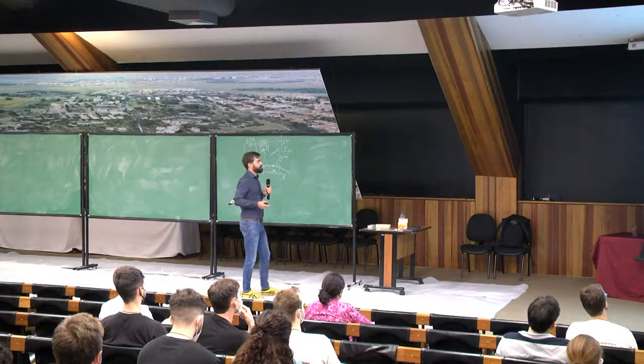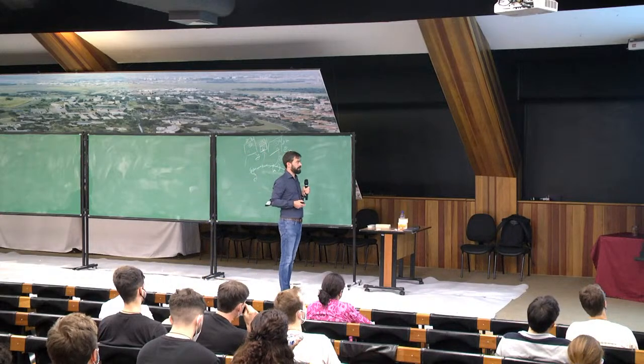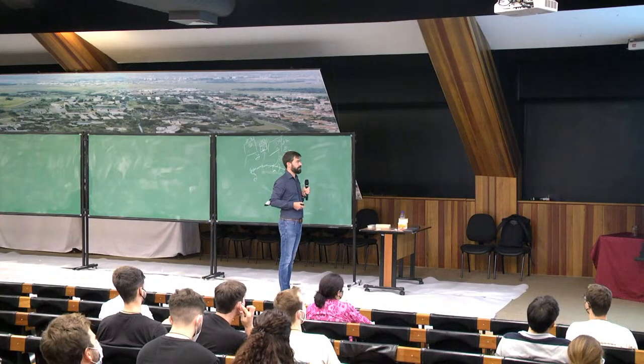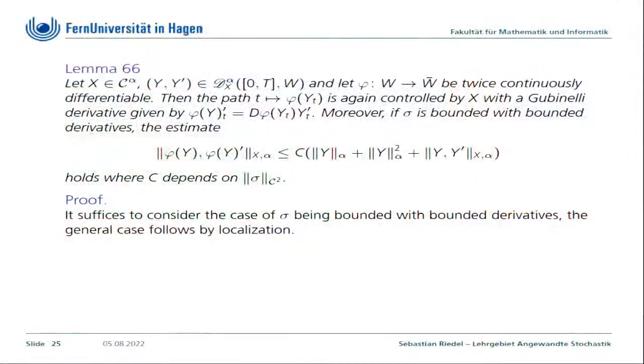Okay, so let's prove that. I will assume already that sigma is bounded and has bounded derivatives, because if that's not the case, you can use some sort of localization, where without loss of generality you can assume that. Everything here is deterministic, so your functions y and y prime are just continuous functions.